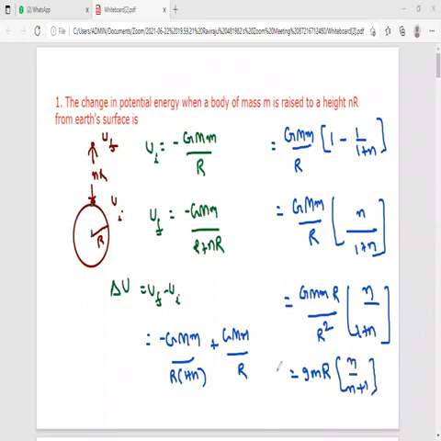So this is the final answer for change in potential energy. All of you understand? The question is asked only to calculate the change in potential energy. So at initial point you have to calculate potential energy, at final point you have to calculate potential energy, and finally you calculate the change in potential energy. Okay.